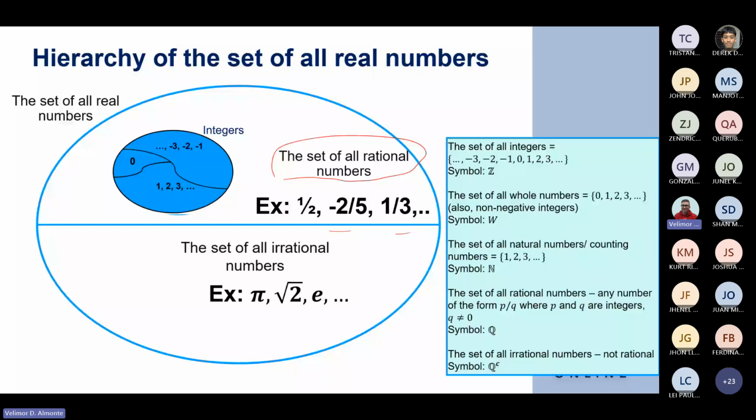And then another subset, we call it the set of all irrational numbers. Here, second to the last, that's the definition of the set of rational numbers: any number that can be written in the form P over Q, in other words, in fraction form.